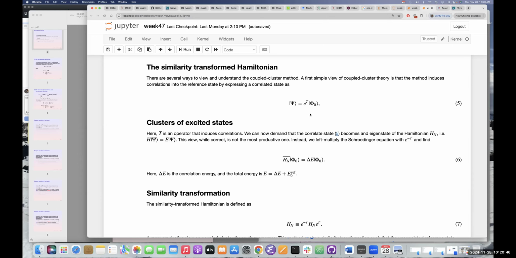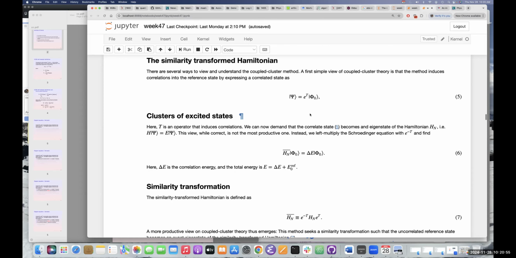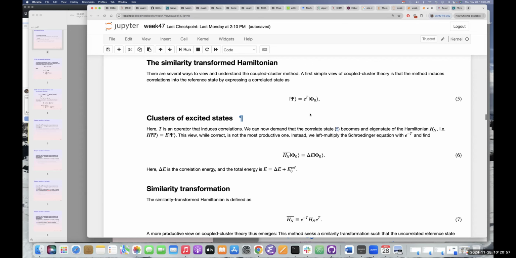Now, one of the things which we did last time was also to derive the equations which we end up having to encode. And the way this was done was by what we call a projection technique. This led to the definition of a Hamiltonian, which is given by the normal ordered term, which then excludes the reference energy, which is typically included in the calculation of the total energy.